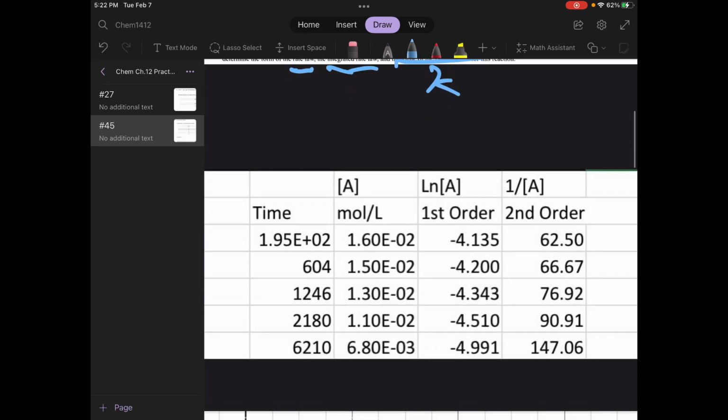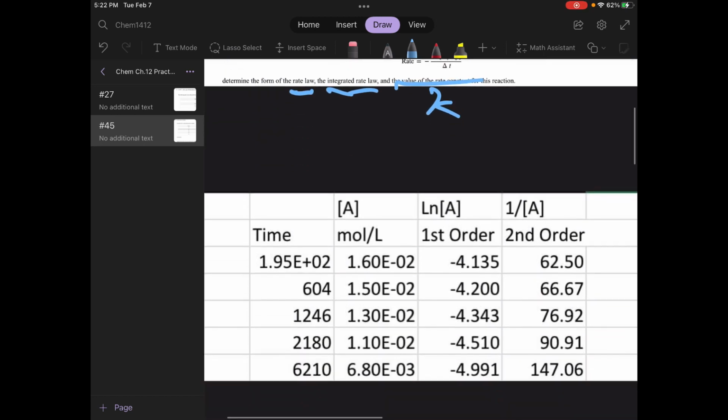So using integrated rate laws, essentially we get another table. We have our table for molarity, then our table for the natural log of molarity, then the table for the inverse of molarity.